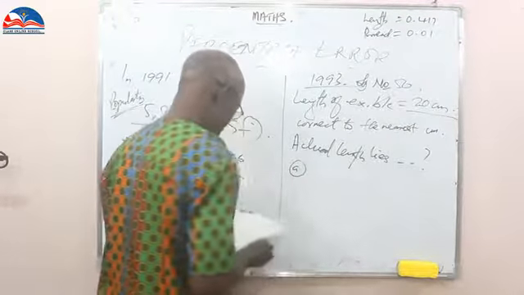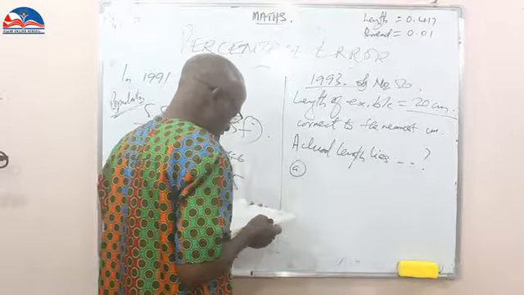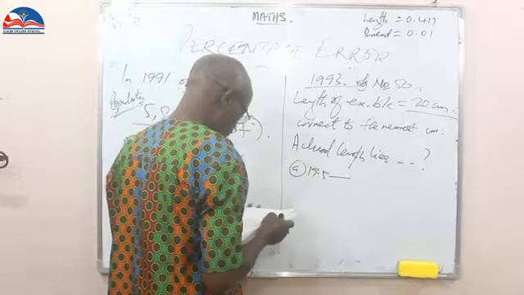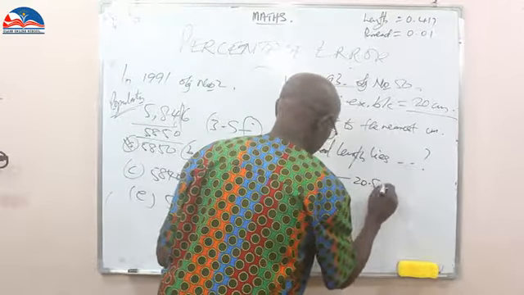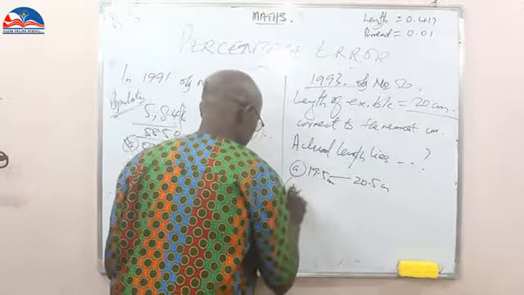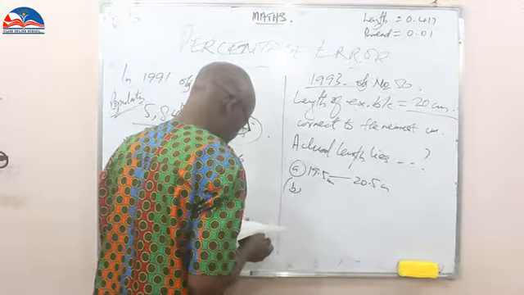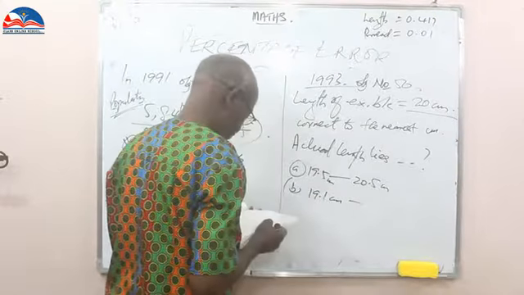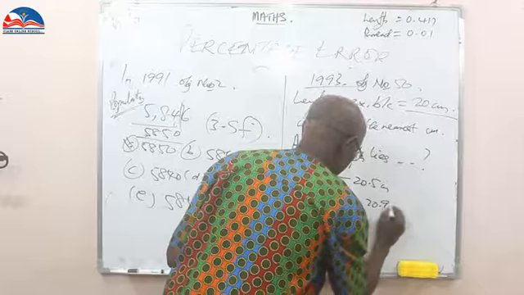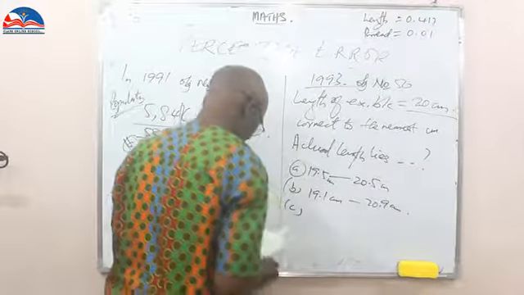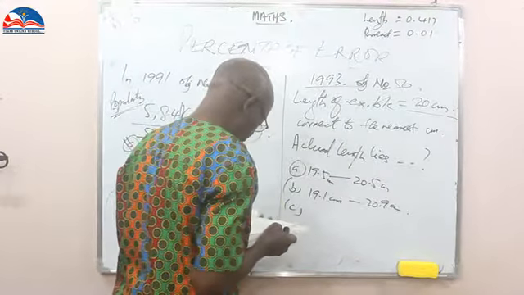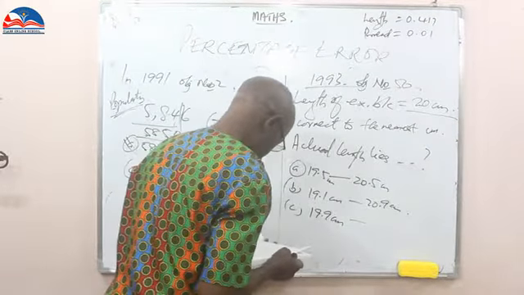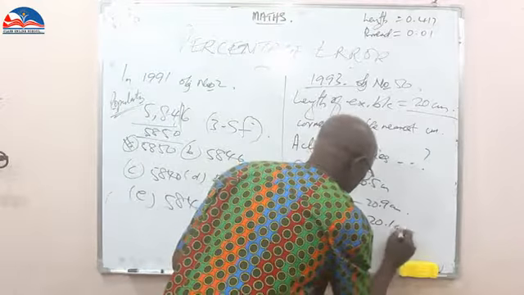A. Could it be between 19.5 and 20.5 cm? B. Between 19.1 and 20.9 cm? C. Between 19.9 cm and 20.1 cm?